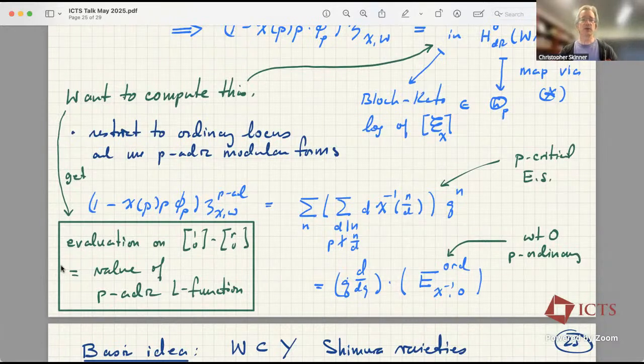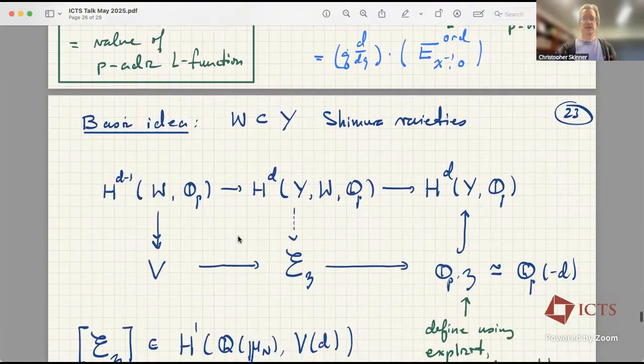And the difference of the two cusps, which again I've messed up, is just possibly where we remove an Euler factor. There's some noise in the system, but we have some choice in that R. That doesn't matter. So the point is that we've computed the p-adic explicit reciprocity law just as the constant term of a p-adic Eisenstein series, of an ordinary Eisenstein series, and that is a p-adic L function.